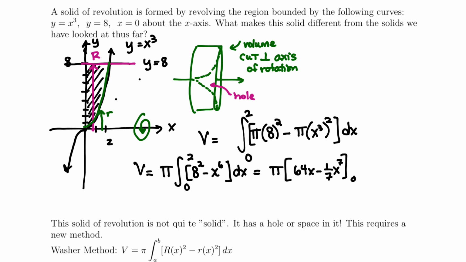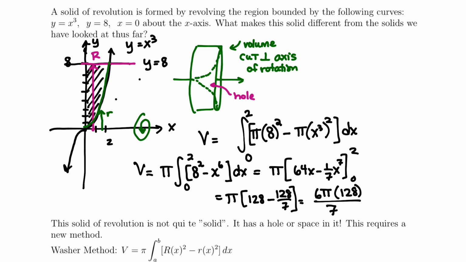What's really cool is 2 times 64 is 128, and 2 to the 7th is also 128. So really what I'm doing is taking 6/7, so it's really going to be 6 pi times 128 over 7.